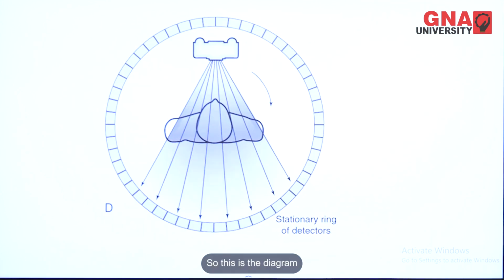So this is the diagram depicting the fourth generation geometry, in which you are able to see that the only moving thing is the X-ray tube, and here in the 360-degree format the detectors are placed all around the patient inside the gantry.